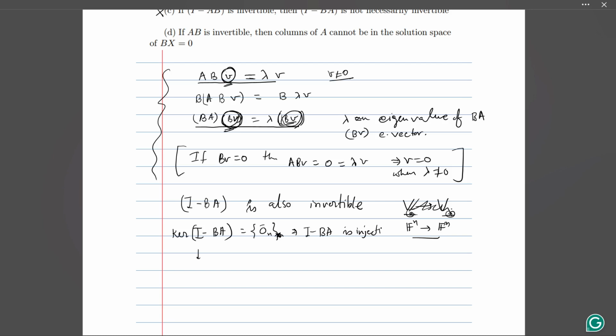There was a theorem like this, if you know. Because the dimensions of range and domain are the same, the rank-nullity theorem will say this map is onto. So, dimension argument implies I minus BA is onto.